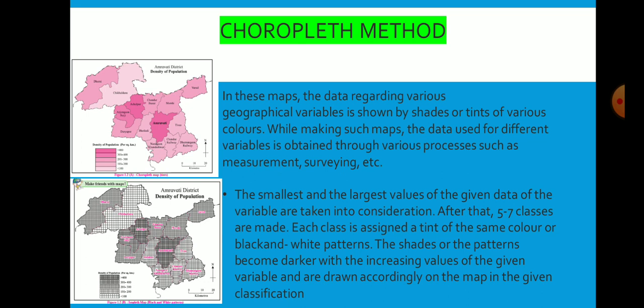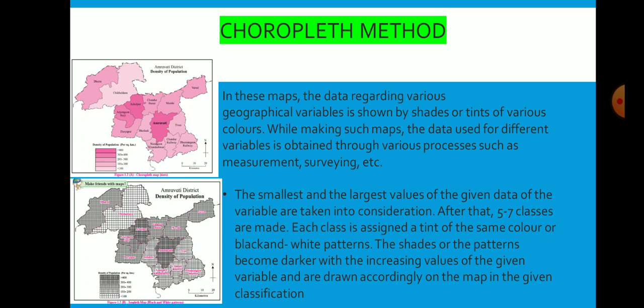Color tints are the shades or tones of the same color used to show distribution of geographical variables in choropleth or isopleth maps. Color tints are dependent on values. Regions with lesser values of a geographical variable are shown by lighter tints or shades, and regions with higher values are shown by darker tints.